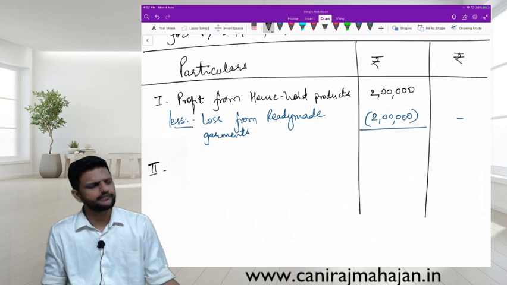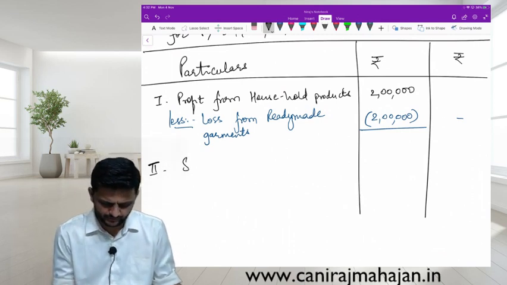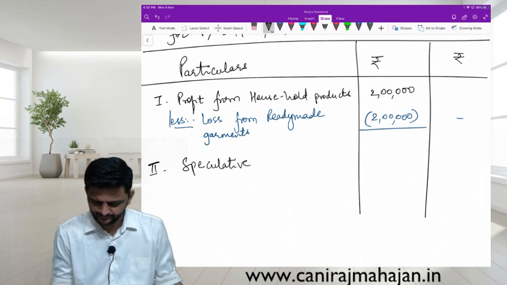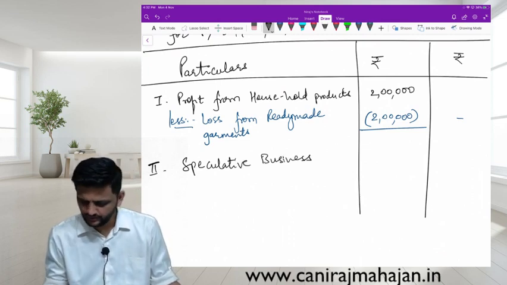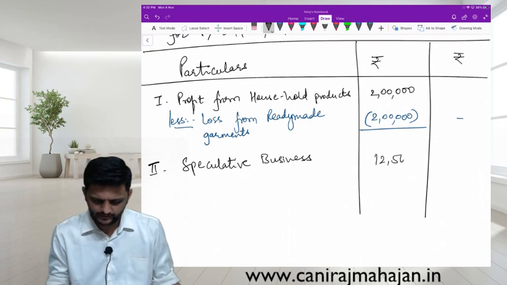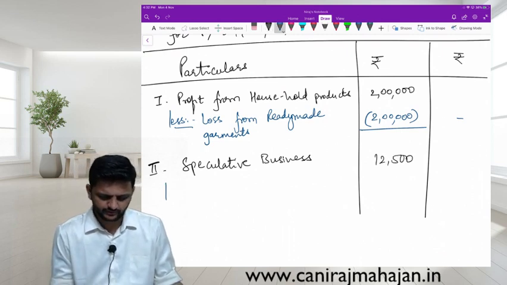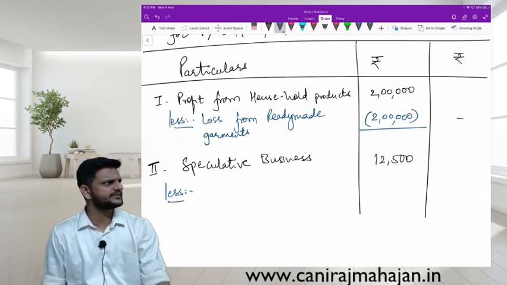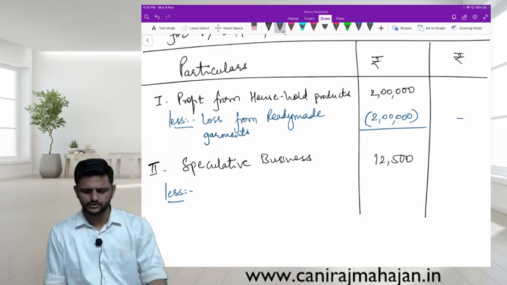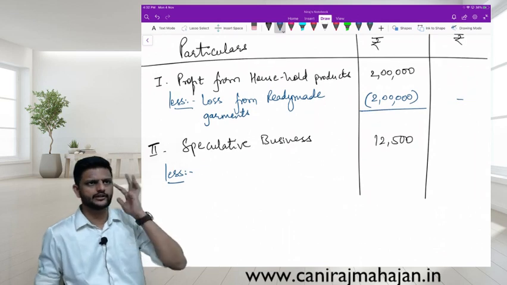Which one? Speculative business profit or income. How much? 12,500. 12,500 less. Can we set off? We can still set off the ready-made garment. See, all of this are normal business incomes and normal business losses except speculative income, correct?